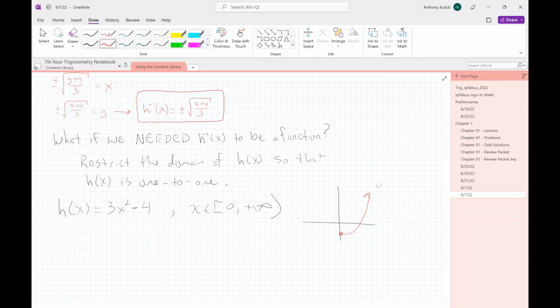It's going to look just like half of a parabola. Everybody's okay? This is equivalent to saying x is greater than or equal to 0.